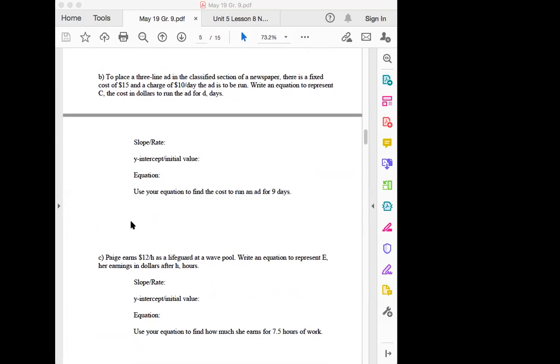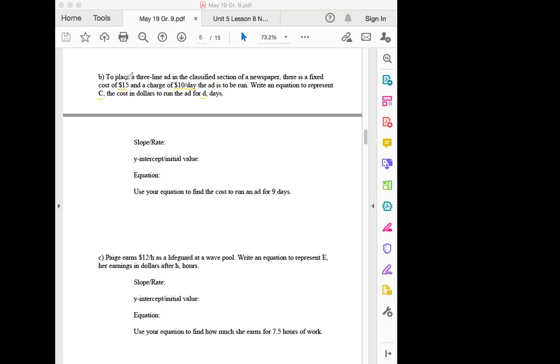Okay, we have a second example here. So to place a 3-line ad in the classified section of the newspaper, there is a fixed cost of $15 and a charge of $10 per day the ad is to be run. Write an equation. C is the cost in dollars to run the ad, and D is for days.